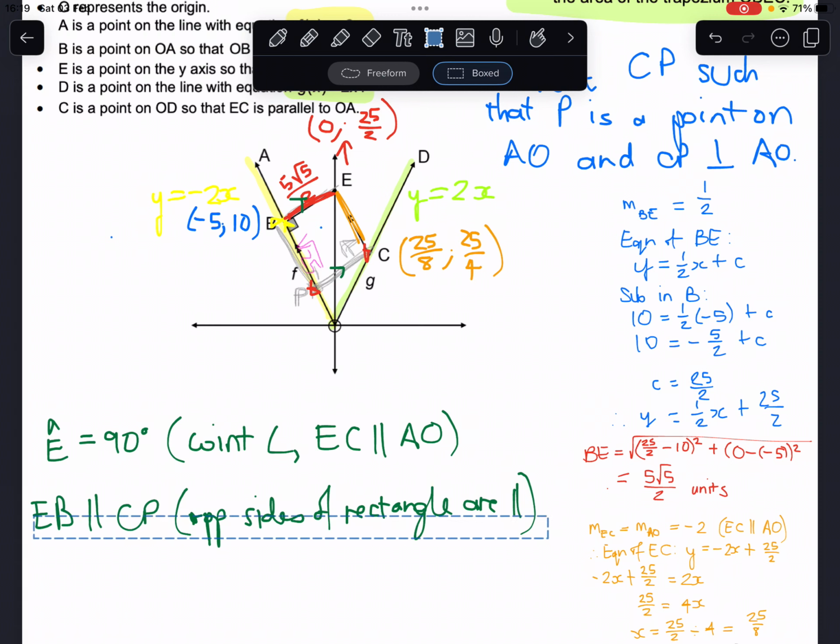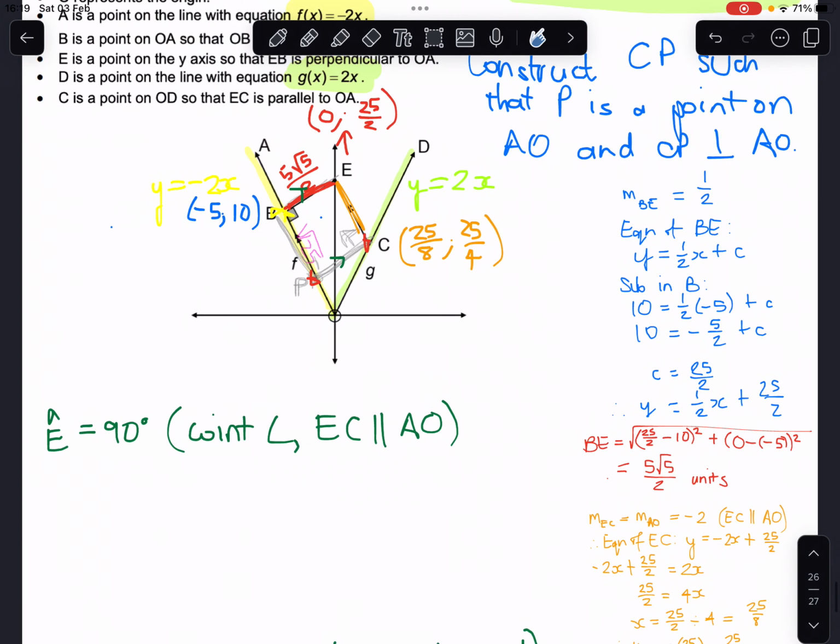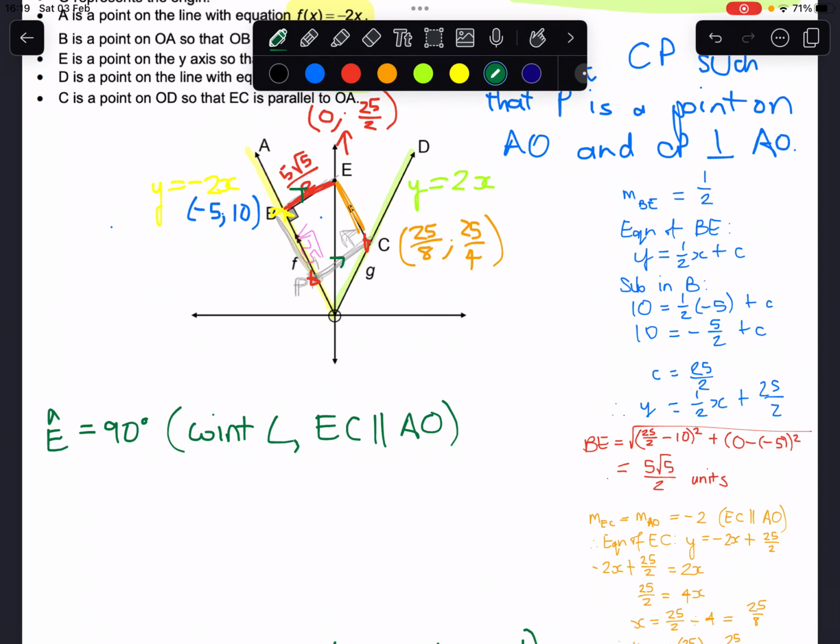I'm just going to move this down for 2 seconds. Then we also know that angle C will also be 90, because of the angle sum of a quadrilateral, which always adds up to 360.